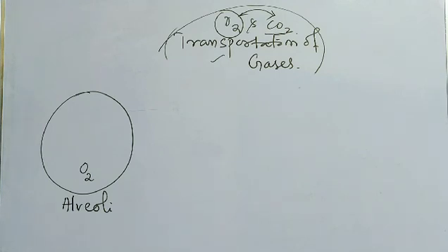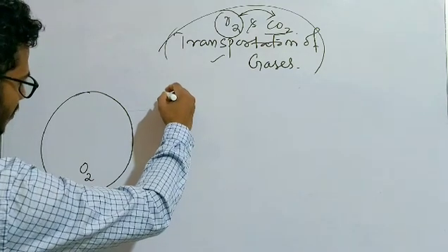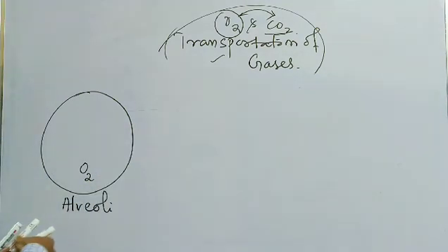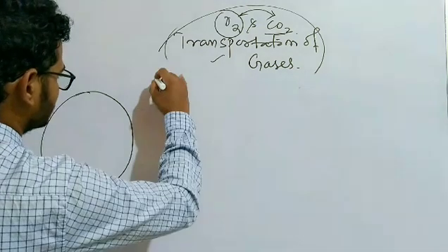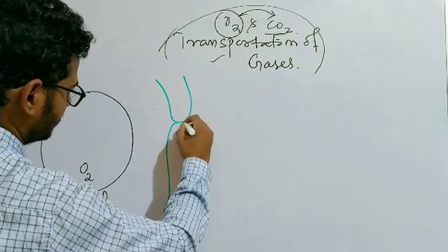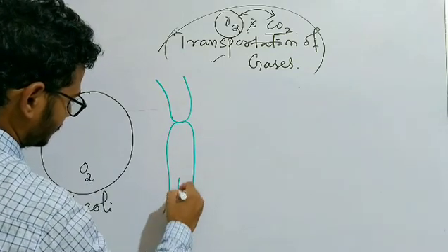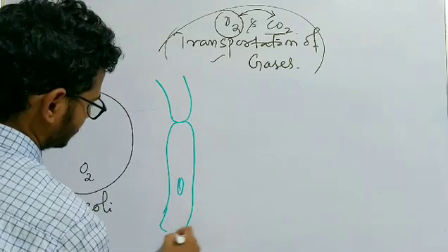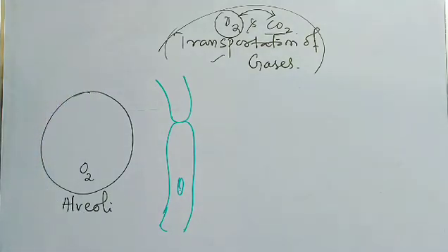Okay, and the oxygen from alveoli comes out to the blood through the pulmonary wall capillary. So this is the structure of the pulmonary wall capillary. These are the cells.